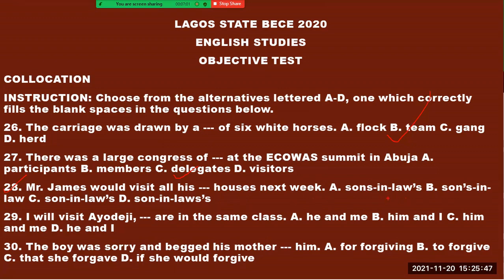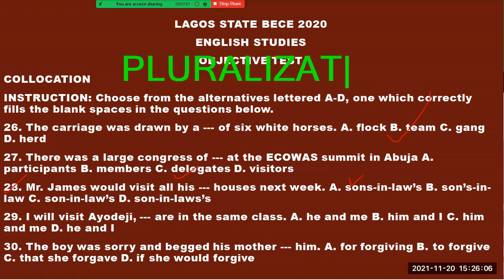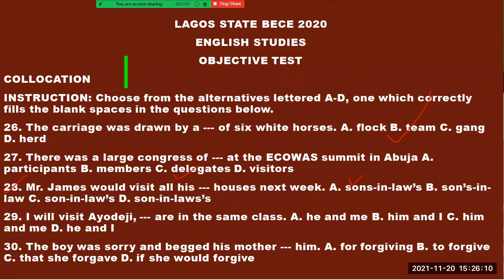Well, the appropriate answer is A. And how do you arrive at this? This is pluralization of collective nouns, in other words, when you form the plurals of compound collective nouns.